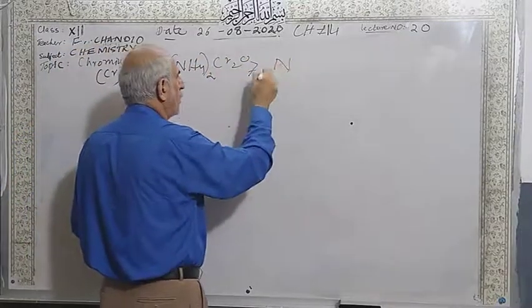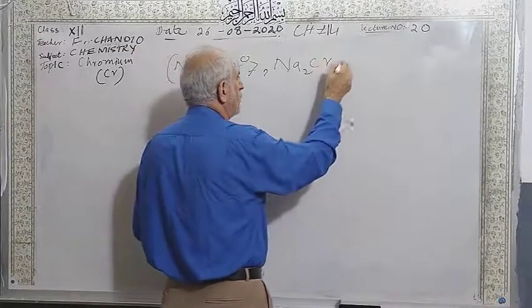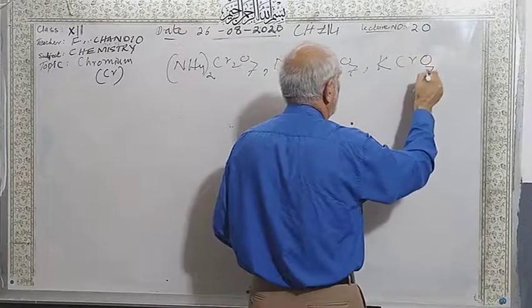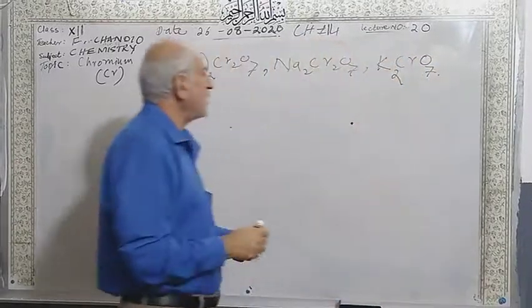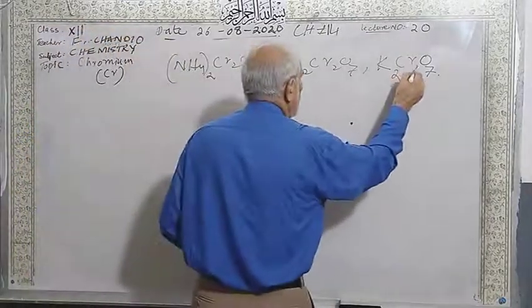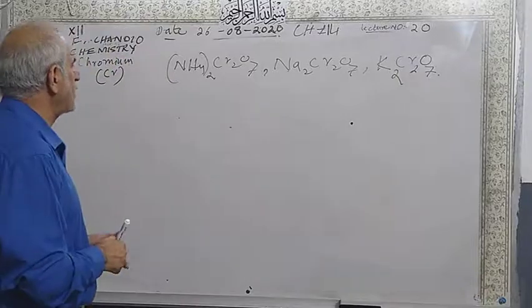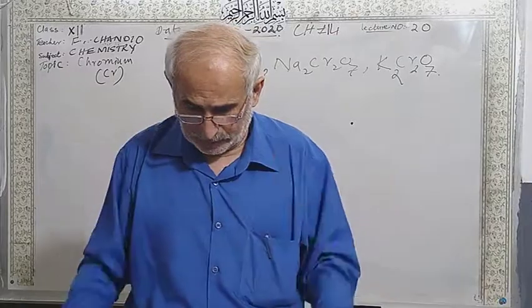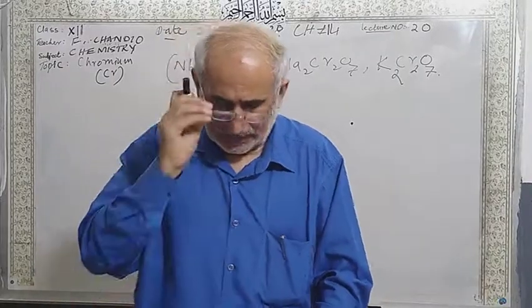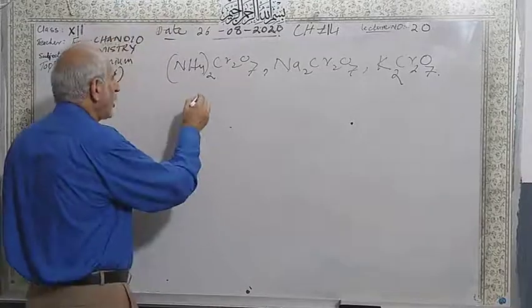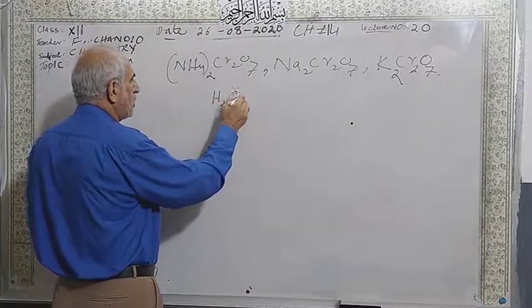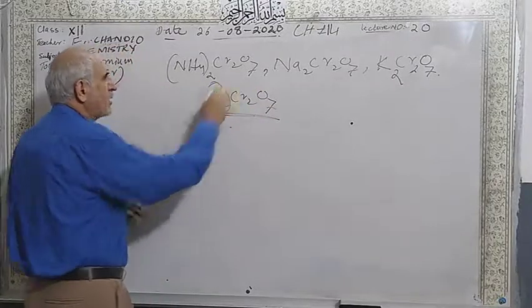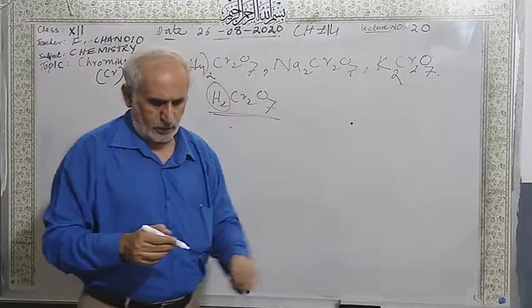These are the salts of dichromic acid, H2Cr2O7, where hydrogen is replaced by ammonium ion, sodium ion, and potassium ion.